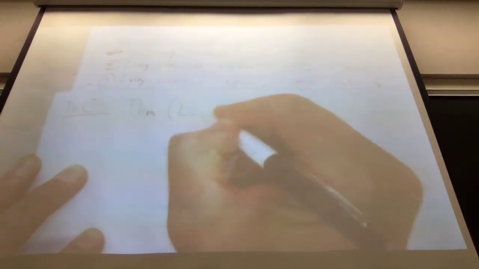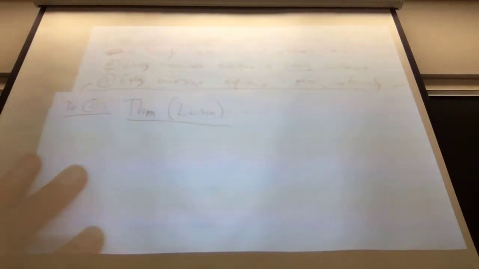So now towards the second principle, let's prove Lusin's theorem. Again, every measurable function is nearly continuous. So let's prove that.